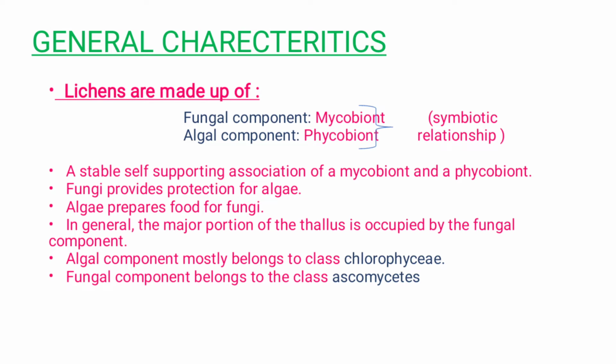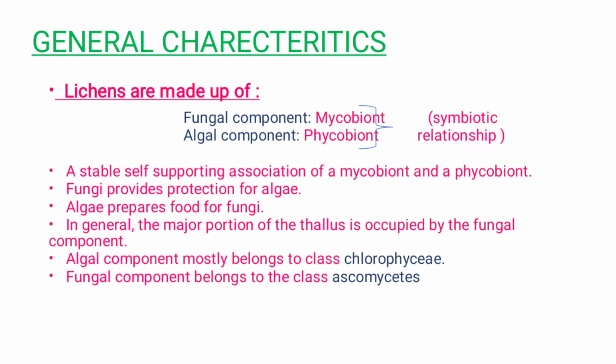Now let's see what a self-supporting association is. In a self-supporting association, the fungus provides protection to the alga and the alga prepares food for the fungus. Both are supporting each other. This is called a self-supporting association. In general, the major portion of the thallus is occupied by the fungal component. Now you can ask, what is a thallus?